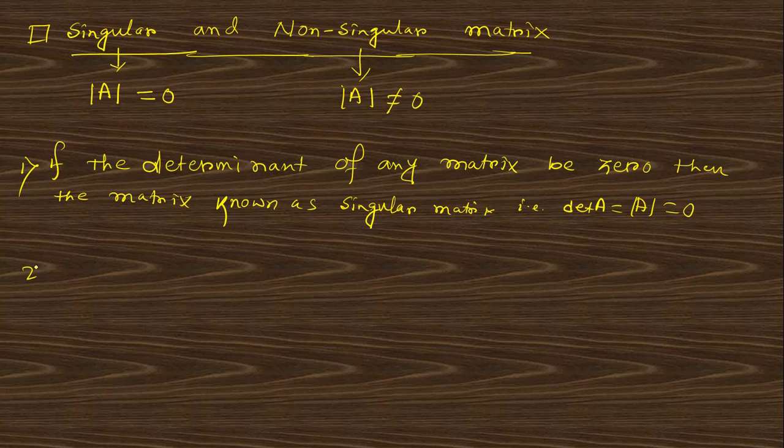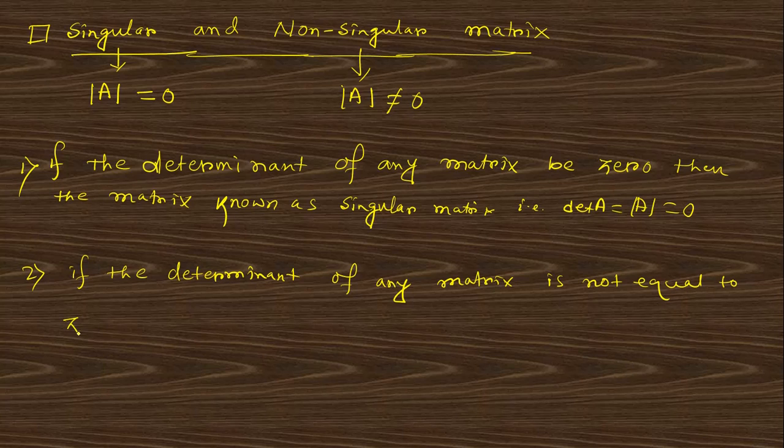And if the determinant of any matrix is not equal to 0, then the matrix is known as a non-singular matrix.